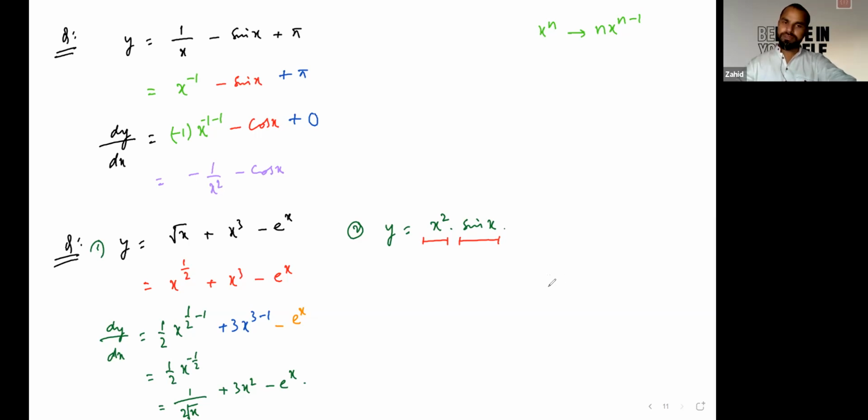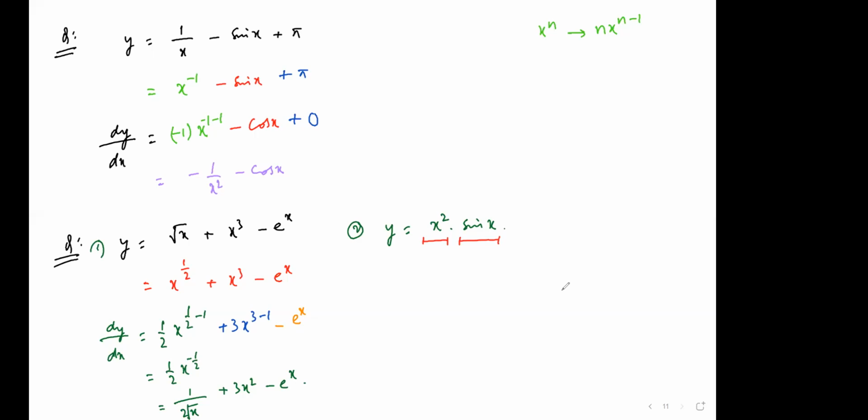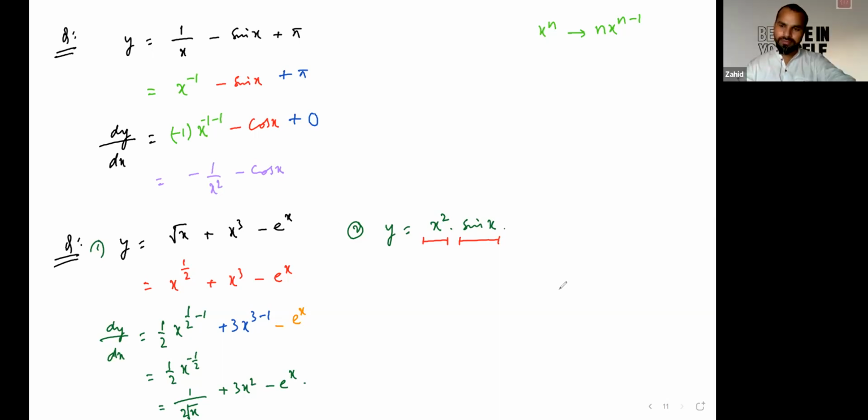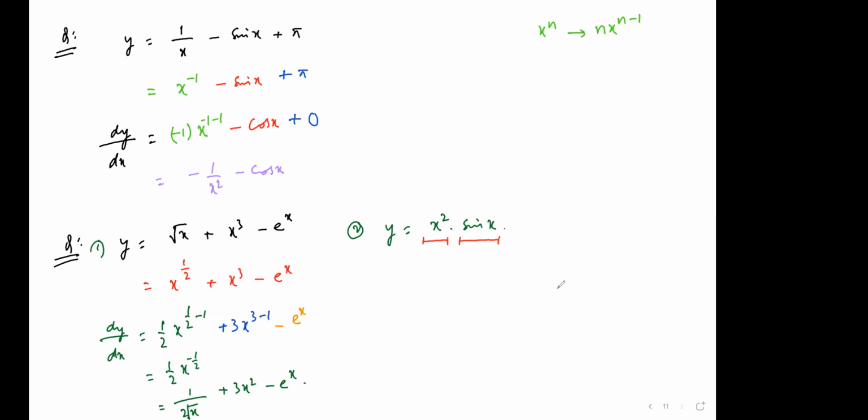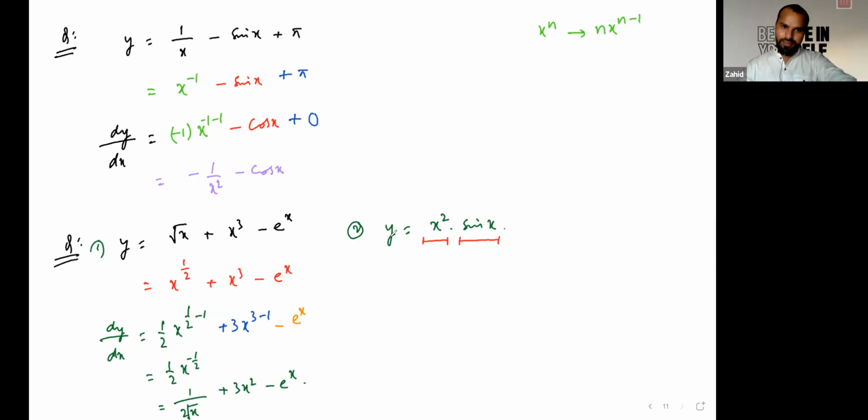Hamza, have you done the second question? Do we have to use anything in place of d by dx? No. On the left hand side, we have to just differentiate this particular term, so we can write it as dy over dx.